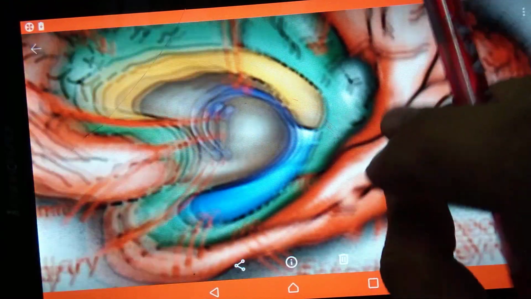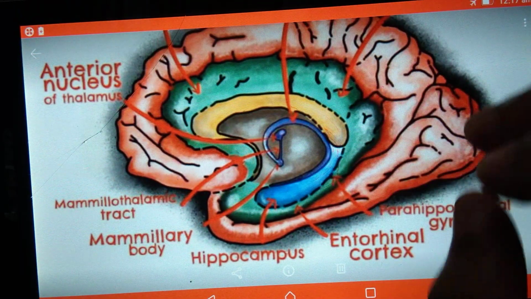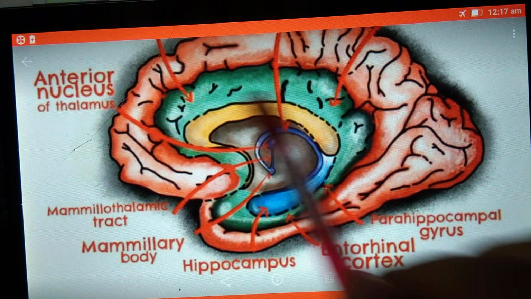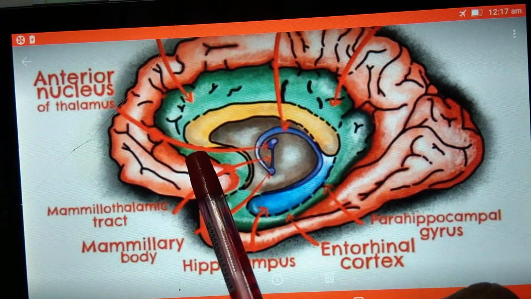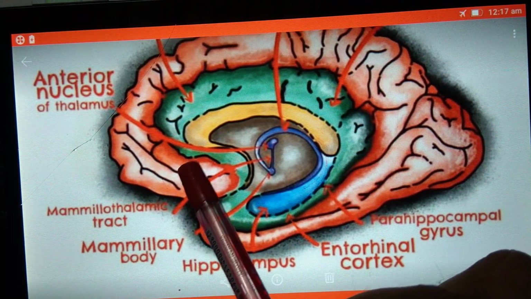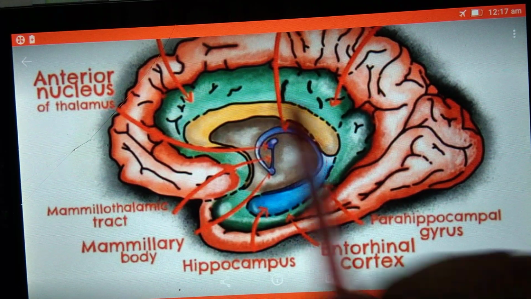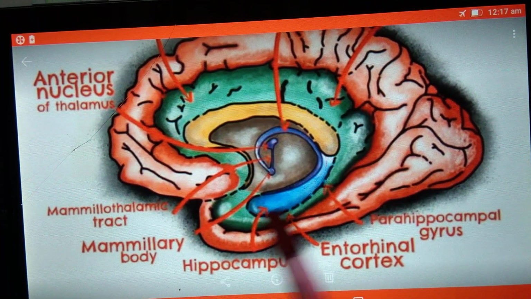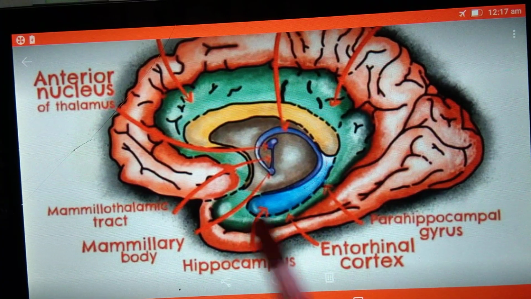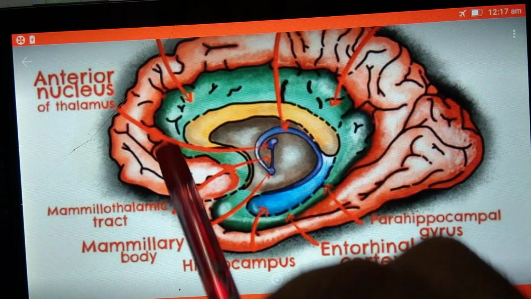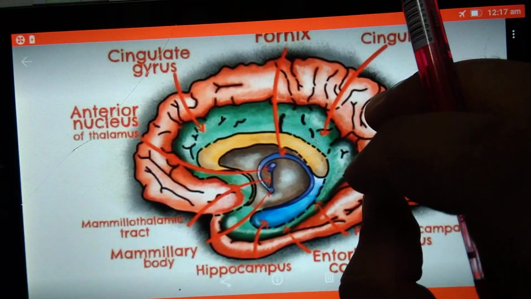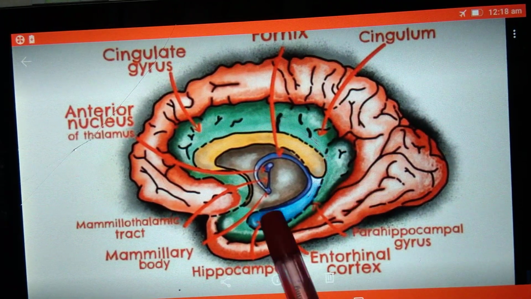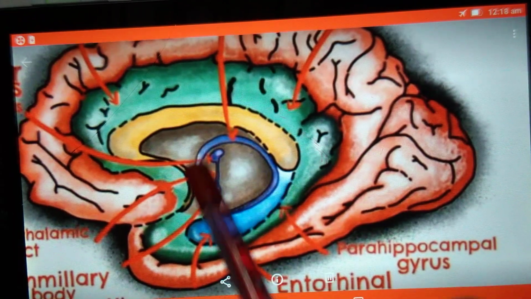So look here once again. This is the corpus callosum, the white matter or white fibrous connection between the two cerebral hemispheres. And this is the hippocampus. And what is this green colored structure? This is the cingulate gyrus. And this is the fornix. What is fornix?